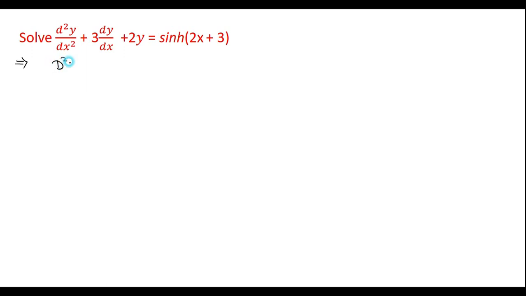Here we have this with the operator D as D square plus 3D plus 2 of y is equal to sine hyperbolic of 2x plus 3, which in terms of the exponential is written as 1 by 2, e raised to 2x plus 3 minus e raised to minus 2x minus 3.